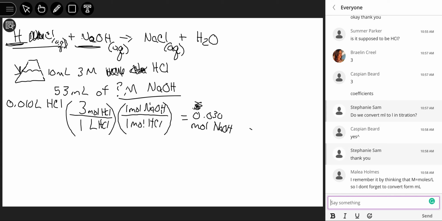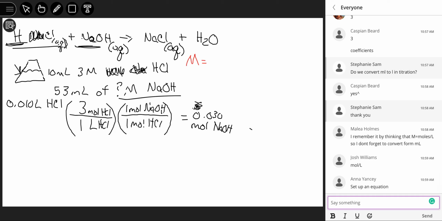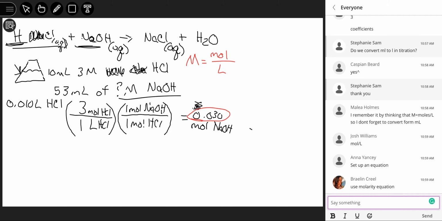Exactly, yes. All right, so now that we know how many moles there are, what's the next step to figure out the molarity? Correct, moles per liter. Right, and we know that we have this many moles, and the problem told us that we have this volume of sodium hydroxide.